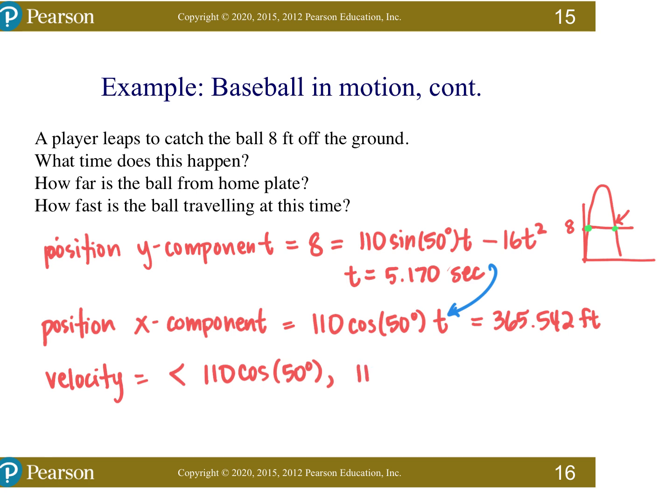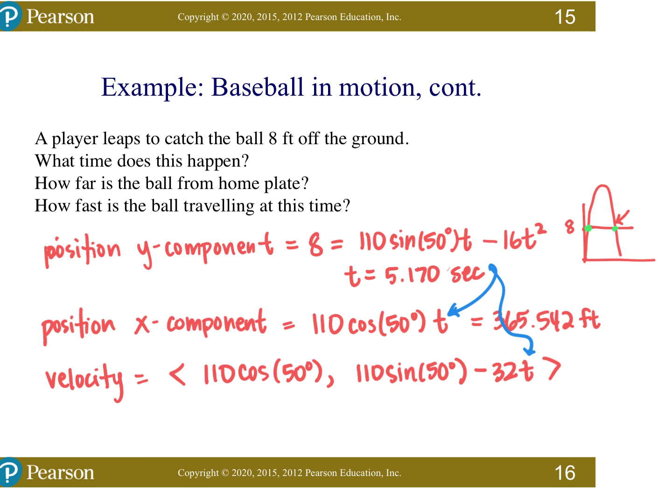It's also 110 sine 50 degrees without the t, but minus 32. Now we do have that t value. So again, my alpha will come in handy when I want to plug in alpha A into that.